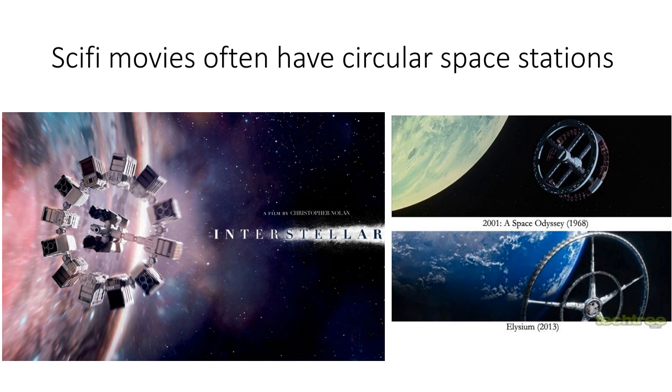A weird and cool application of this is in space stations. So you may have noticed that sci-fi movies often have circular shaped space stations. For example, here's Interstellar, 2001: A Space Odyssey, and Elysium.